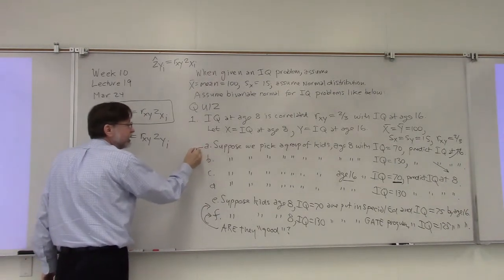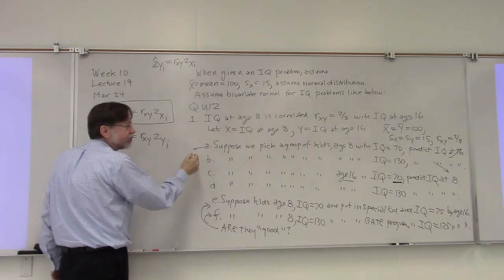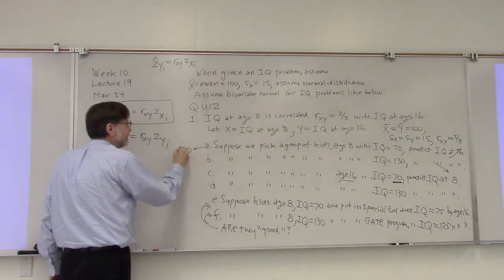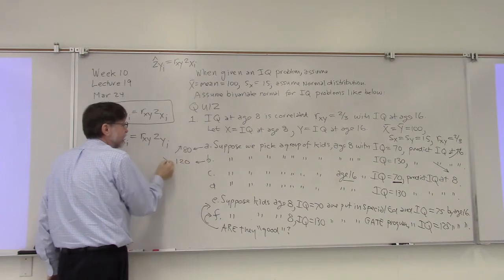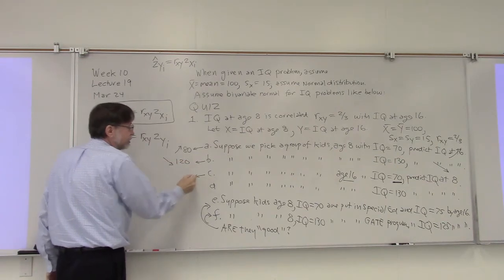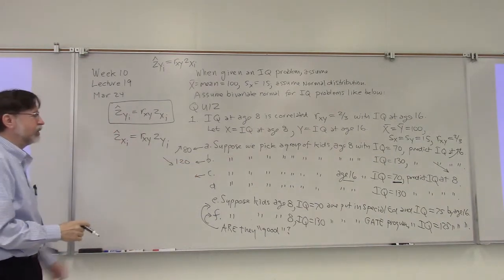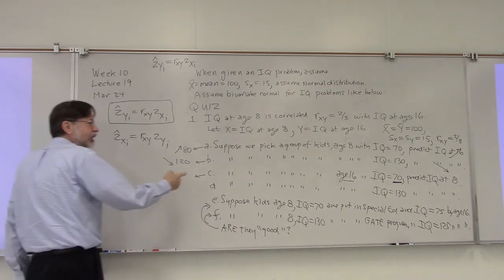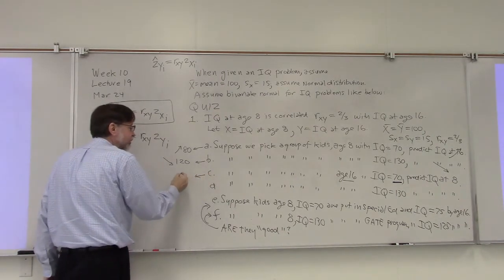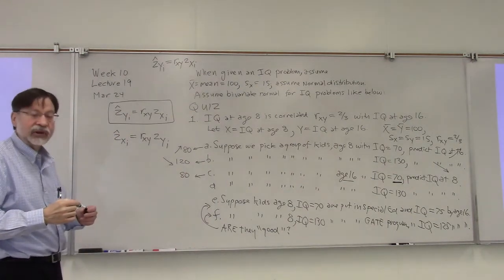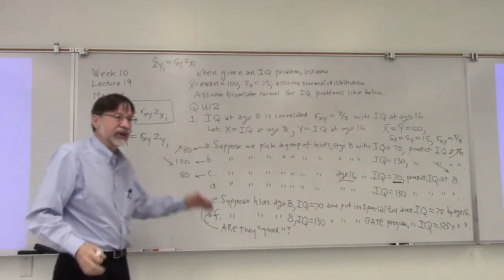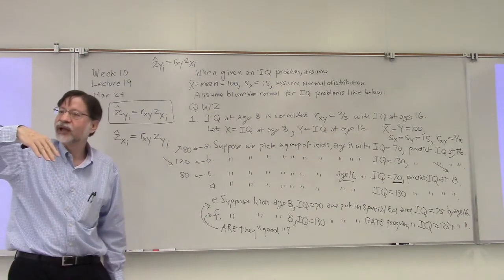So the answer here was 80, they increased. The answer here was 120, they decreased. The answer here, you're just going to plug in the same numbers, and if they ended up at 70, what was it before? 80. What happened as they got older? They decreased. So the people who end up at 70, they were decreasing in IQ as they got older.